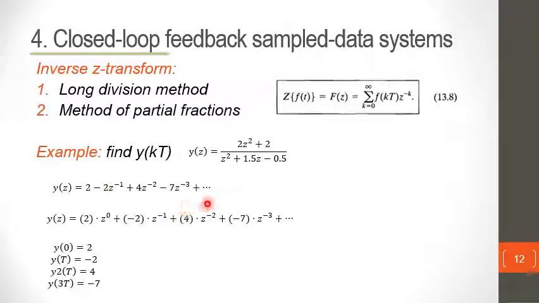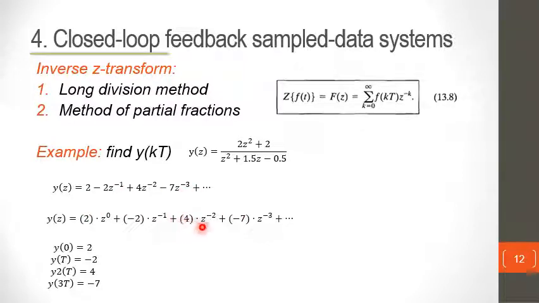Based on this equation, this infinite series is a coefficient f(kT) multiplied by a power of z, which is minus k. Here k is 0, here k is 1, k is 2, k is 3, and so on and so forth. So your coefficients are 2, minus 2, 4, and minus 7 based on this calculation.